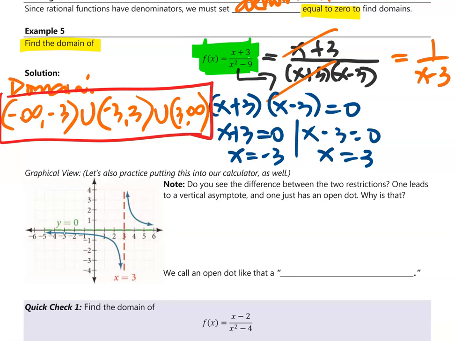Look at the restrictions here. These are our two restrictions. X equals negative 3 and x is equal to 3.